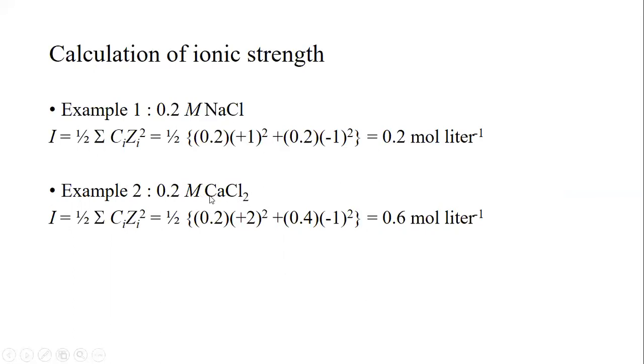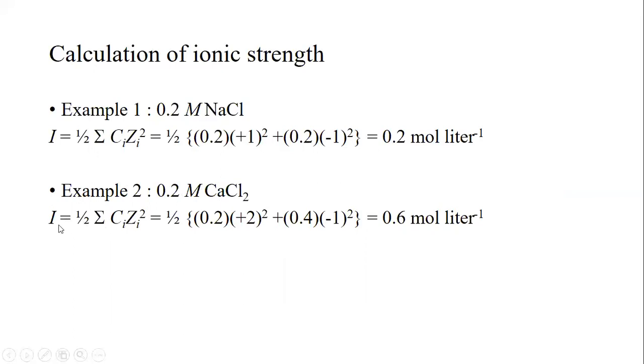So the concentration of calcium will be 0.2 mole per liter, but the chloride, it gives us 2, so the molarity of it will be 0.4. Two ions for each molecule, so 1 mole gives us 2 moles of this, 0.2 mole gives us 0.4 moles of chloride.